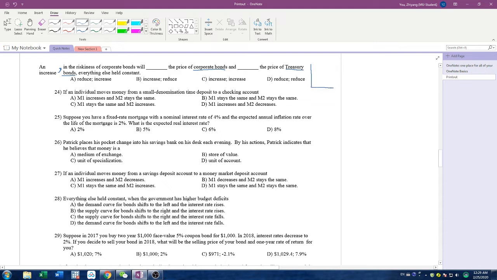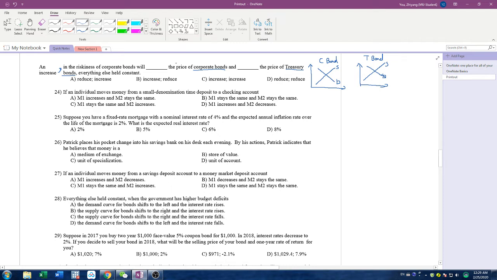Over here we have the supply and demand for C-bond, that's corporate bond, and beside it we have the supply and demand curve for T-bond, that's treasury bond.